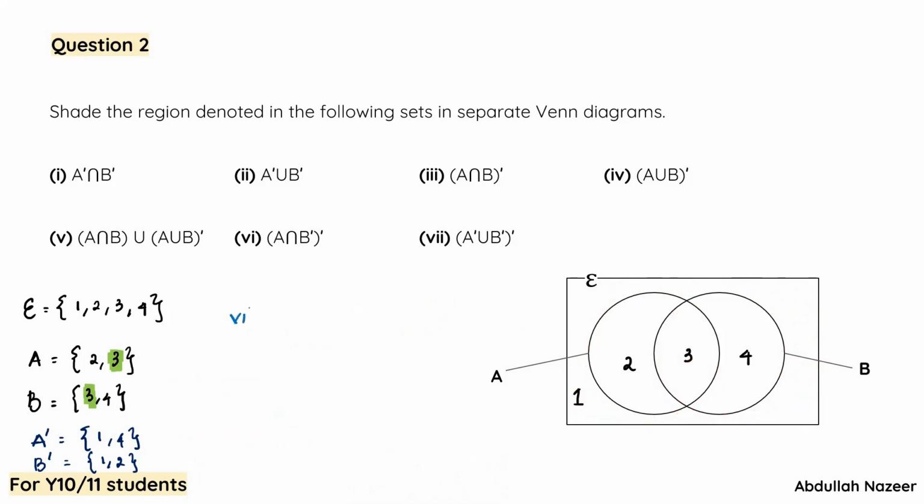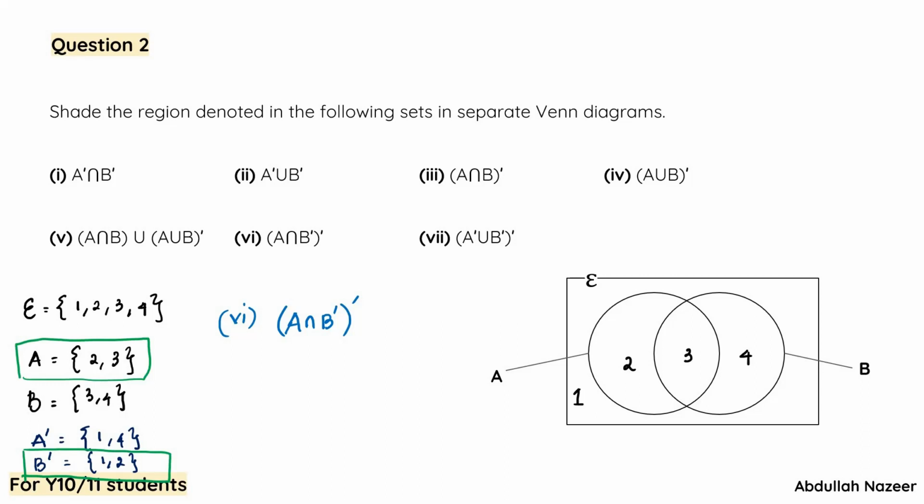Question number 6: the complement of A intersection B complement. To find this, first of all we'll see what A intersection B complement alone is, and then find the complement of that. A intersection B complement is the intersection between the set A, which we have over here, and the set B complement, which we have at the end over here.